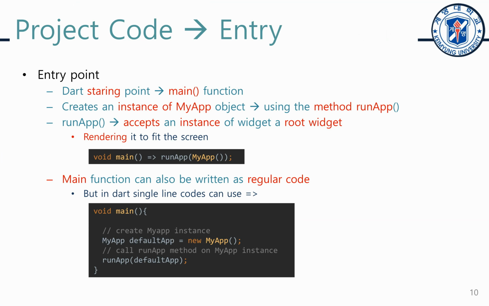So it is okay. And then my run app method accepts an instance of the root widget, and then it renders to fit the screen. That means whichever screen you use, it will read the code under it, and then it will display whatever it is asked to do.